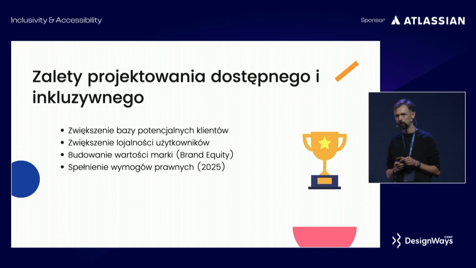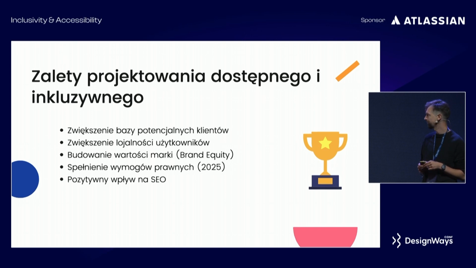But the magic date of 2025 is when there are European regulations going into force, and European law is going to go closer to the state in Canada, in the US, where you can be sued because your software is not accessible. There is the positive effect on SEO.